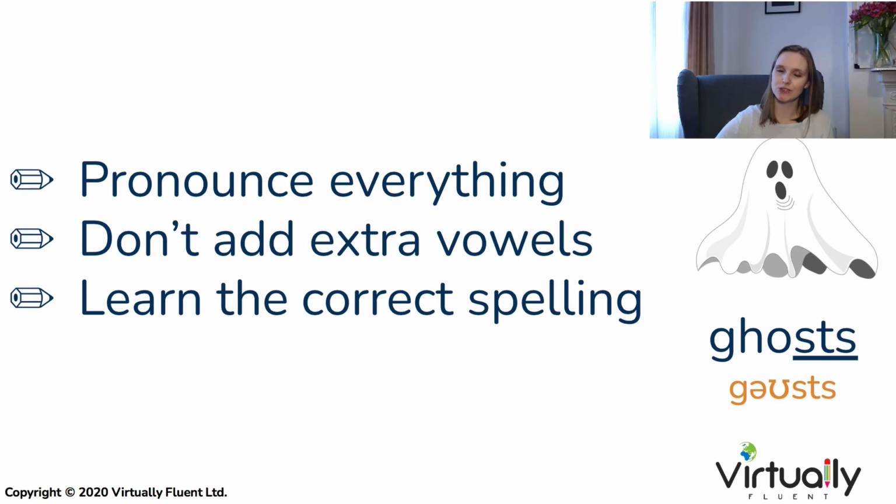And then you just repeat again and again and again and try to say them as quickly as possible and connect them all together. Ghosts. Something to be aware of is to try not to insert any extra vowels. Ghosters. You can hear an er has been added there, and we shouldn't have that. So do not add any extra vowel sounds.